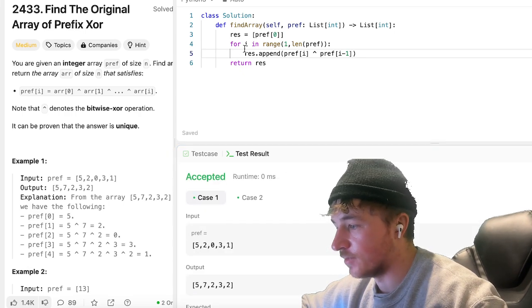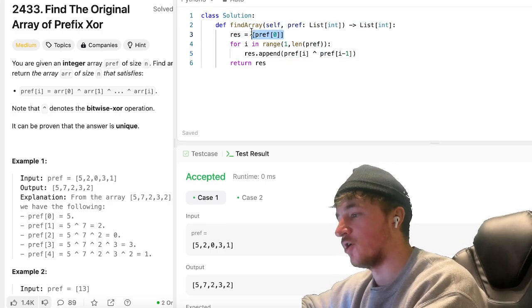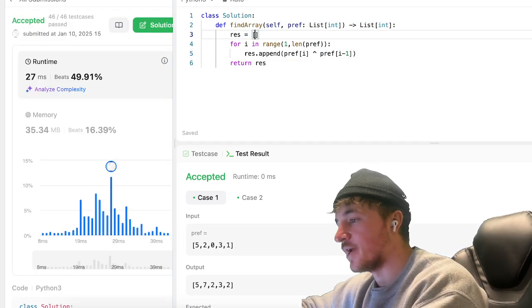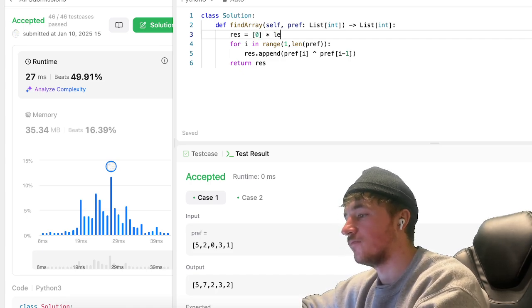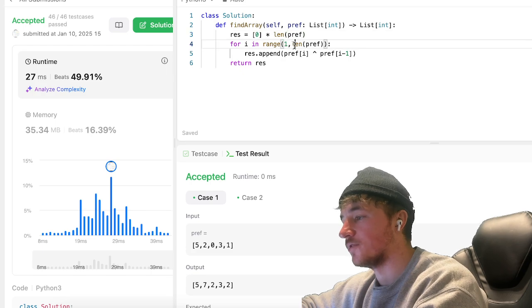I was thinking about doing some different ways of doing this, right? You could also create this array to start. There's always a million ways to do this.